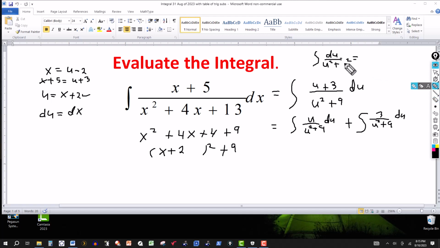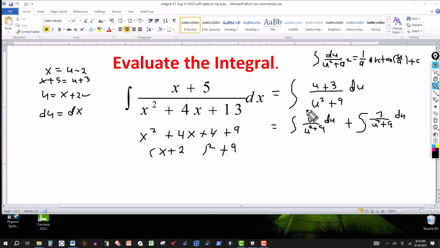So I got u squared plus a squared in the denominator, and the formula for that, any integral that looks like that, the solution is 1 over a arctangent of u over a. And you're going to have a constant of integration.